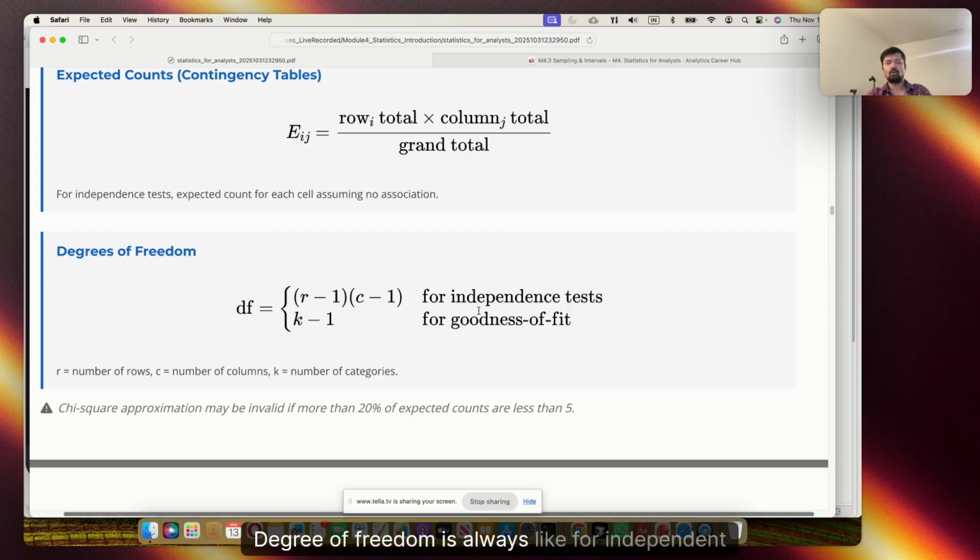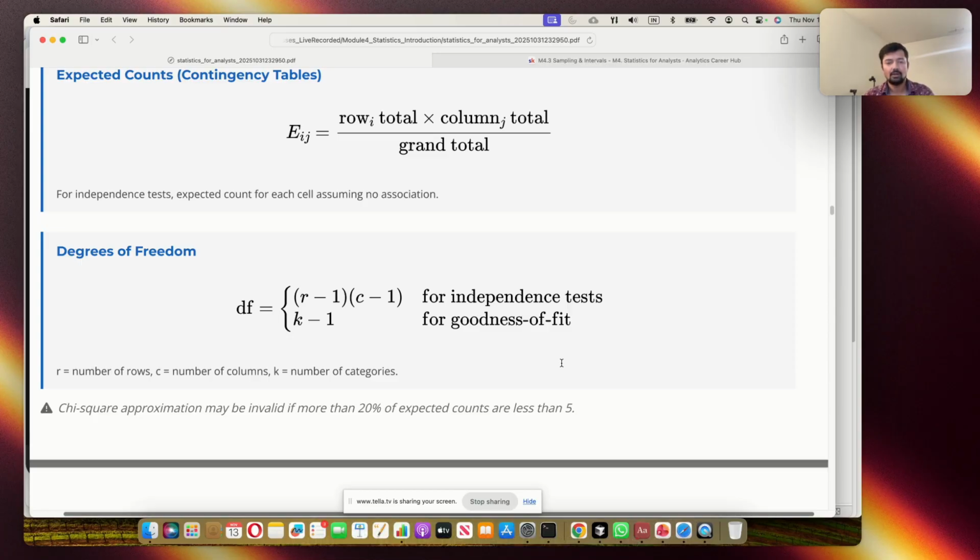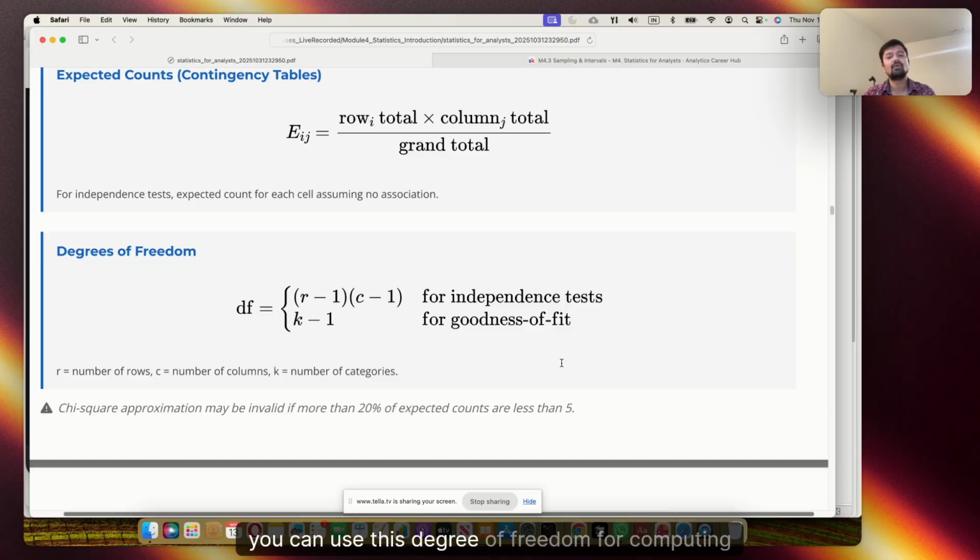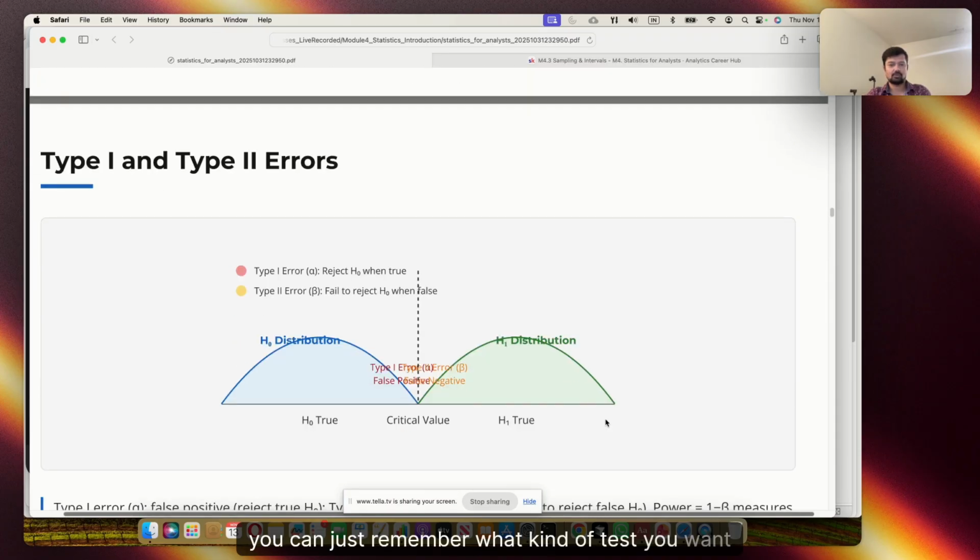Computing the degrees of freedom for the independence test and for goodness of fit is a very good idea. Once you get the degrees of freedom, you can use them for computing the test statistic. The chi-square approximation may be invalid if more than 20% of the expected counts are less than 5. Those kinds of things vary from test to test, and you can just remember them based on the kind of test you want to do.